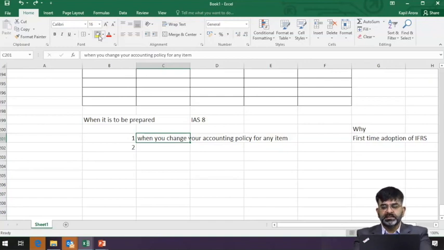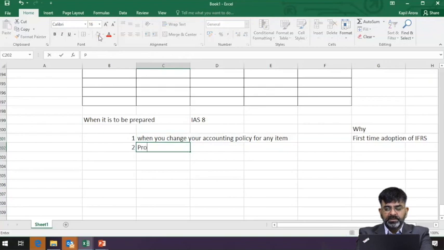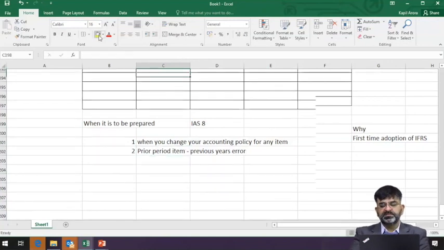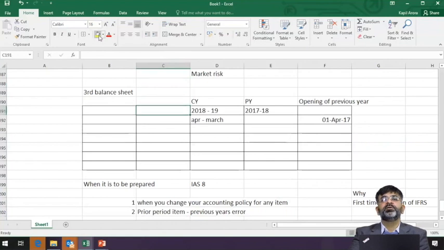The second point is when you have prior period item, or I can say previous year's error. For example, let's say you are preparing financials for 18-19 and you have prepared the previous year, 17-18.